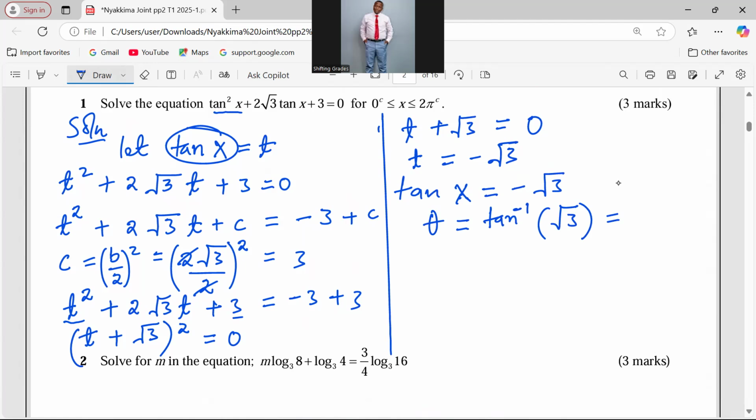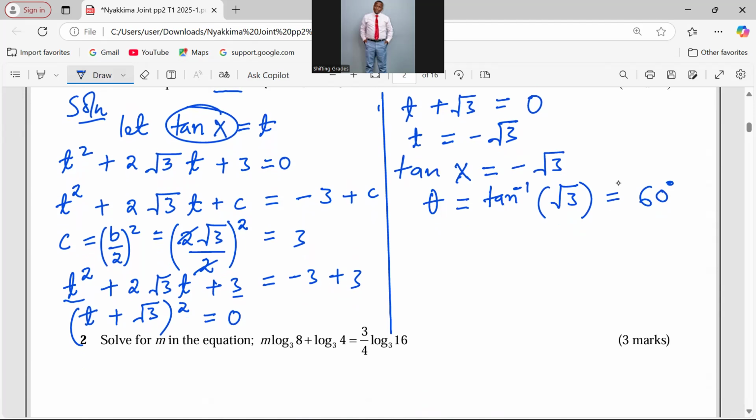This is exactly 60 degrees. So now we will be working with 60 degrees, but we ensure that this acute angle of 60 degrees is in the quadrants where tangents are negative, because of the sign just before root 3.